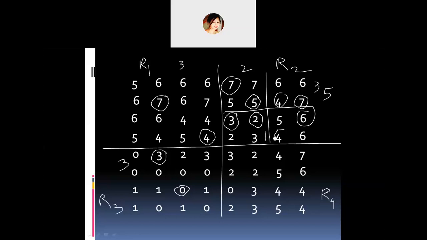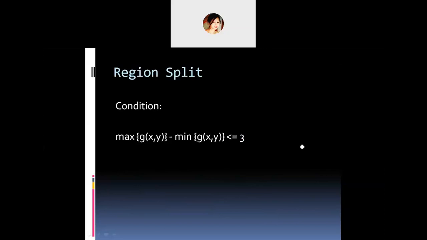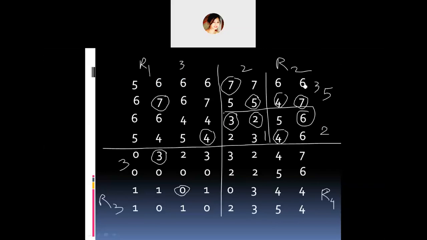And finally 6 minus 4 is 2. So this region is finally satisfying the required condition. Then going on to this region again, we have 1 2 3 4. So divide it into equal parts.